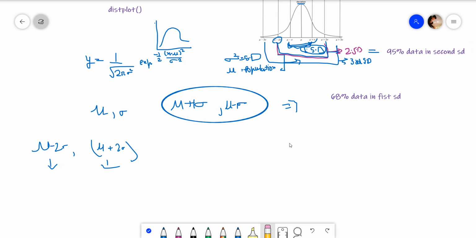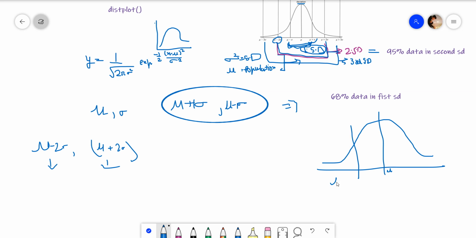We can see this by drawing. This is our normal distribution, this is nu, and we are taking nu minus 2 sigma and nu plus 2 sigma, and here we have nu minus sigma and nu plus sigma.